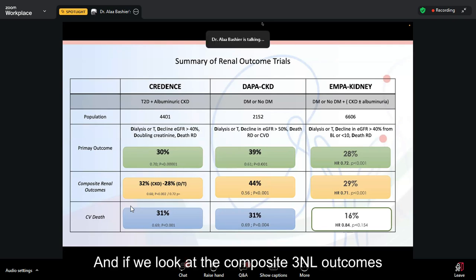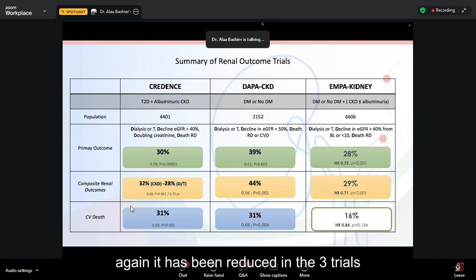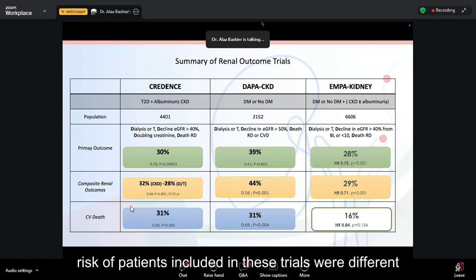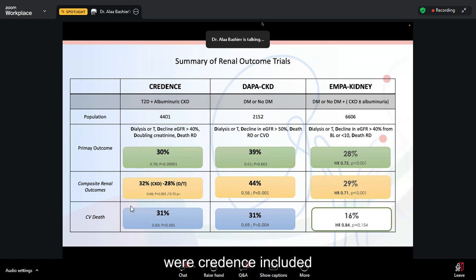And if we look at the composite renal outcomes, again, it has been reduced in the 3 trials significantly, as well as cardiovascular death. An important point to mention here is that the level of risk of patients included in these trials was different.